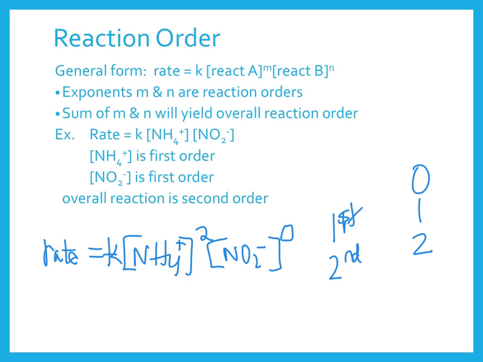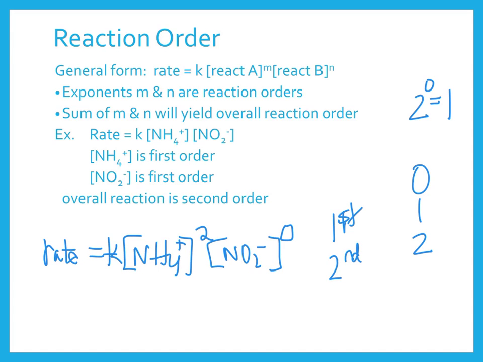If you raise something to a 0 power, say 2 to the 0 power, that would just equal 1. It's not a term that's going to show up in our rate law. So you're really only going to see understood 1s and 2s. If you get to a 3 or higher, there's something else going on, and we don't really deal with them here in class, but it could happen.